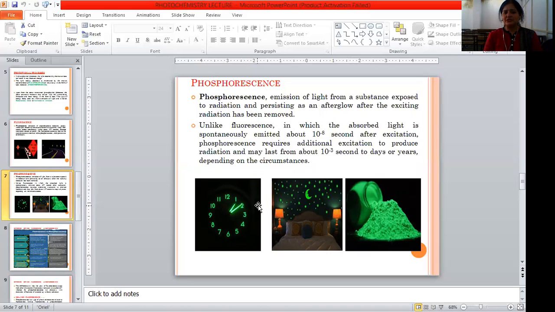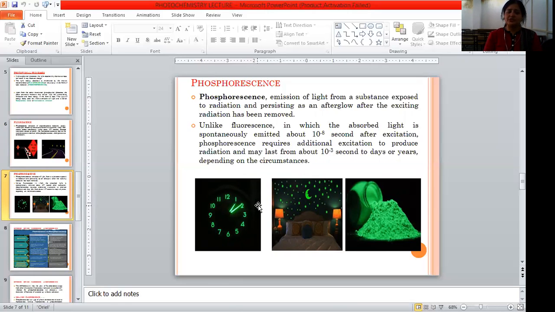Now the reason for this is, in fluorescence, as soon as the beam of light falls on the object, the molecule goes from the ground state to the excited state, and immediately they start emitting. Whereas in the case of phosphorescence, when the molecules absorb the energy and they go from the ground state to the excited state, they have to change their orientation.